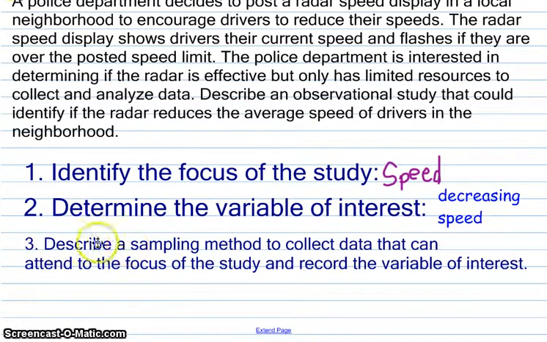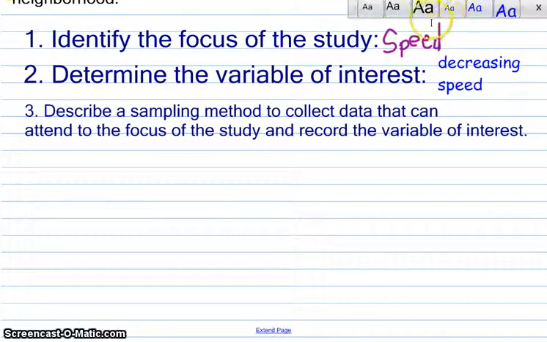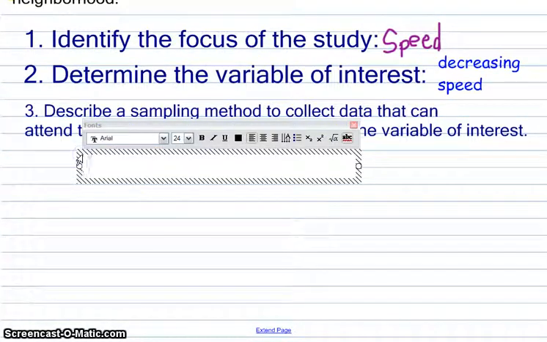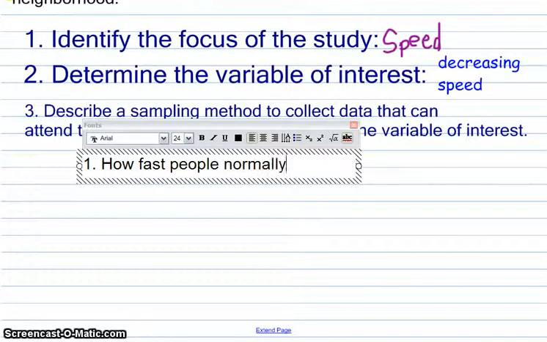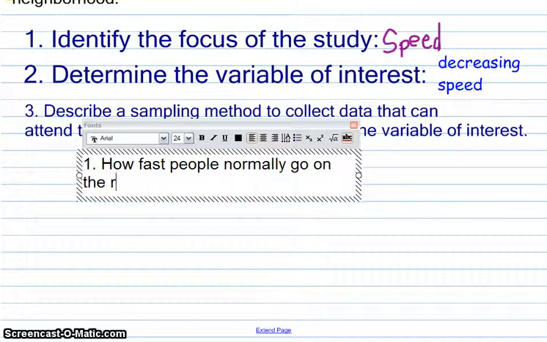Now third, it wants us to describe a sampling method to collect data that can attend to the focus of the study and record the variable of interest. So you figure we need probably a list of things going on. First on our list, we need to know how fast people normally go at different times of the day, because some people go faster at different times.